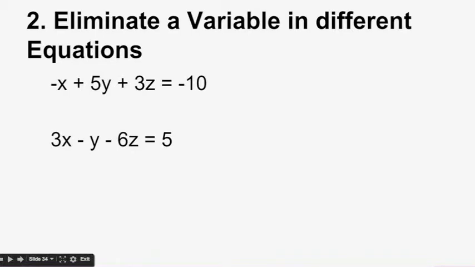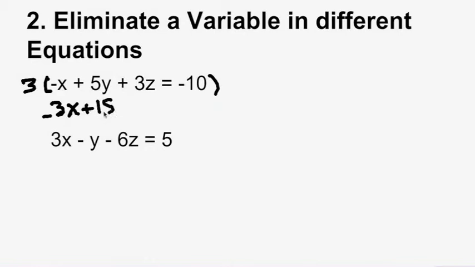So step 2 is to eliminate a variable in a different pair of equations. And so these two equations are the second and third equations from the original system. And so what we will be doing is we'll be multiplying the first equation by a 3. So I'll just reprint it right below. So negative 3x plus 15y plus 9z equals negative 30.